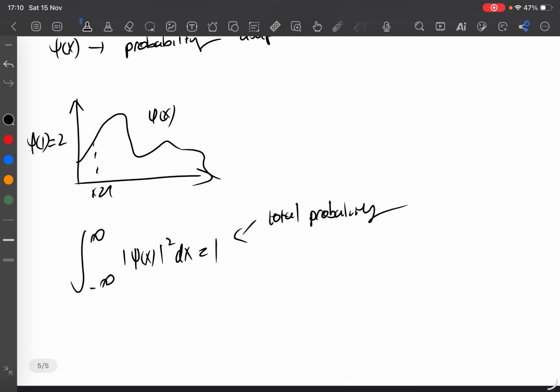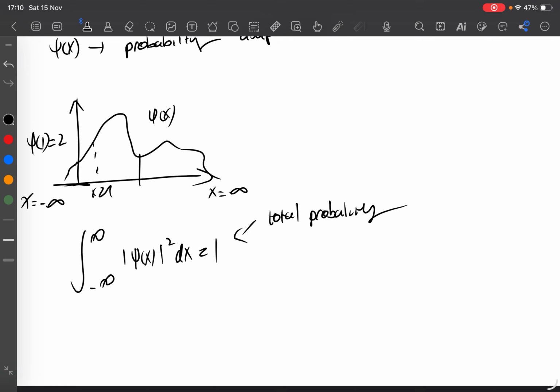For instance, look at this wave here. Going from x equals negative infinity to x equals infinity, the probability of finding this wave at any point will be 100% between these.